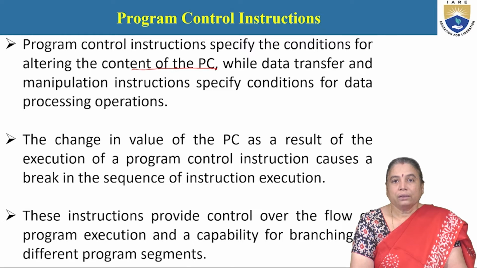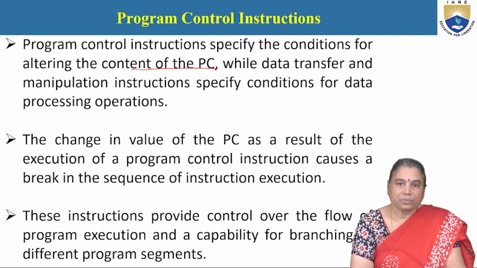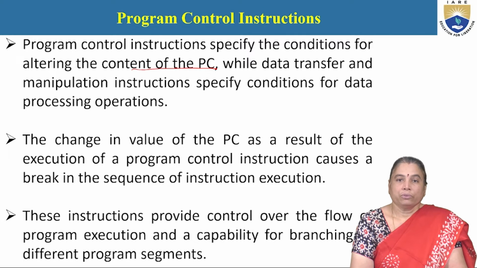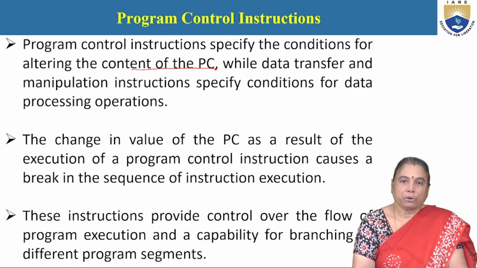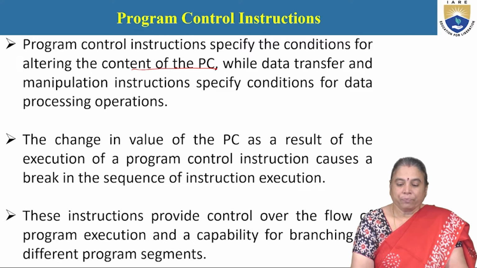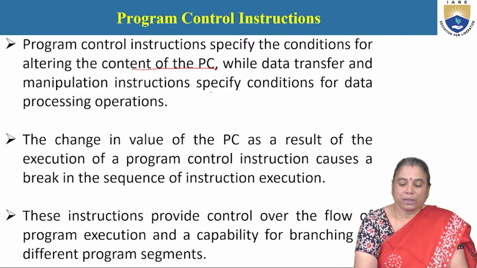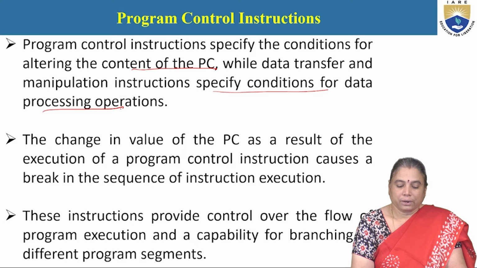So the next address is stored in the PC, and altering the PC content can change the execution sequence of the program. While data transfer and manipulation instructions specify conditions for data processing or data transfer.